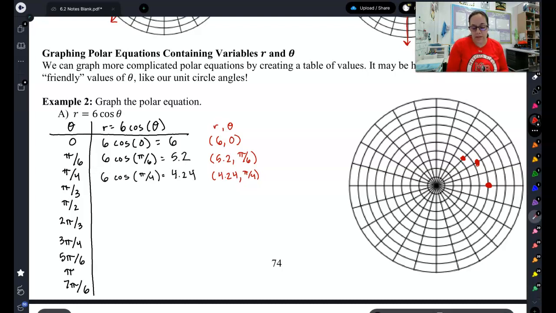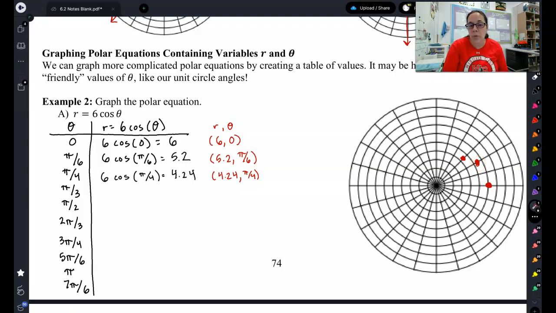Now, let's talk about how do I know when to stop. How do I know when my t-table is actually done? You know you're done as soon as you have 2 points in a row that are the same as what you had before. So you'll notice that when you do pi and 7pi/6, type those into your calculator, this is the point that's going to end up at pi, and this is the point that's going to end up at 7pi/6.